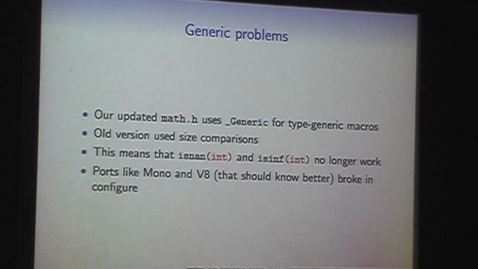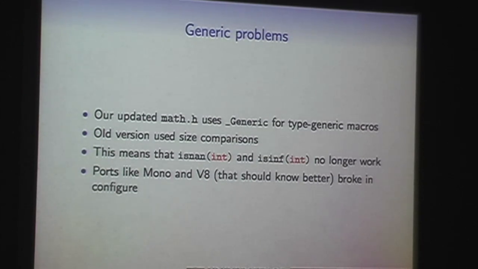A couple of ports actually were doing something wrong. More ports were just writing this as a quick way to test whether this function exists in their configure script. So they would say, what happens if I compile a small program that just is return isnan(1)? And the thing would say compile error, because previously it was casting 1 to a float and then calling the float version, and now it's saying, wait, int is not one of float, double or long double, therefore you probably made a mistake.